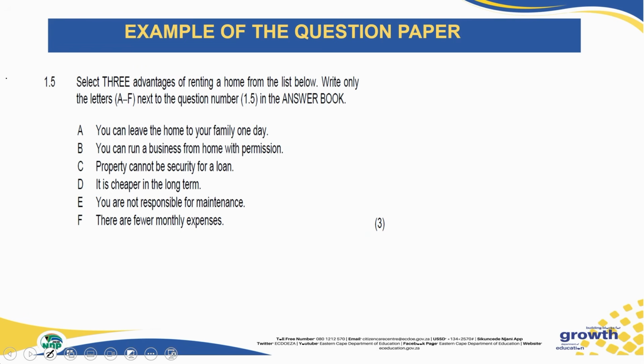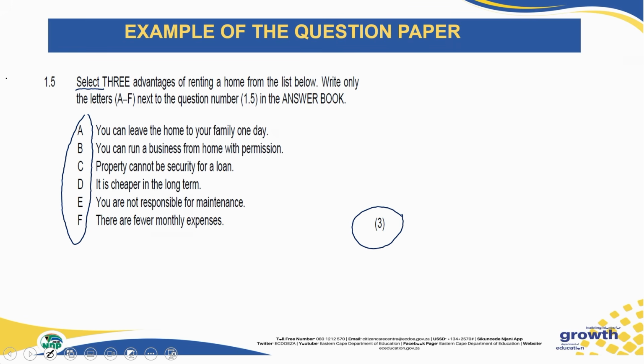And you will also have to select. You are going to select advantages. You are going to select ways to save water. You are going to select requirements. And also here, you will be provided with a number of advantages, and yet the mark allocation is going to be 3.